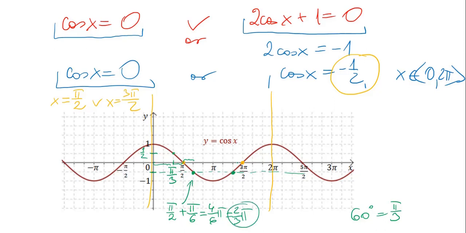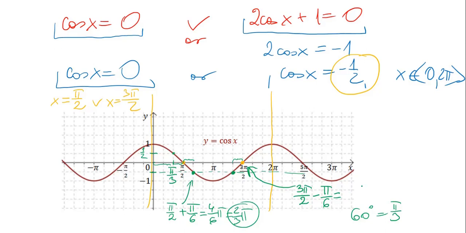And at this point, it's exactly the same length. So again pi over 6, but we have to just move to the left from 3 pi over 2. So, okay, let me just draw it here. And we have 3 pi over 2 minus pi over 6. Right, and let's find the common denominator. So it's 6.